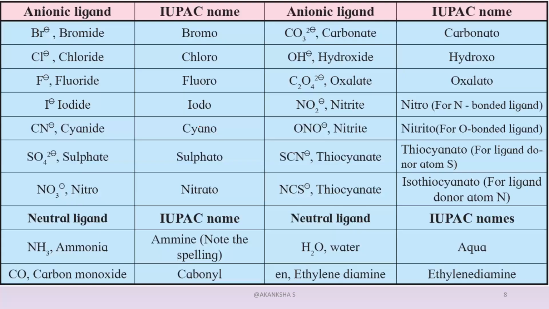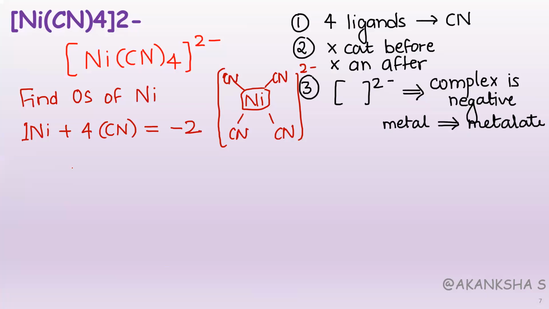Let's try to understand what is CN. If you take a minute, you'll understand CN is an anion. It carries -1 charge. So you're going to put it in this particular equation: Ni plus 4 times -1 charge, giving you -2.